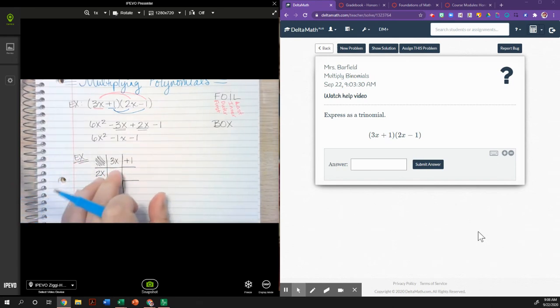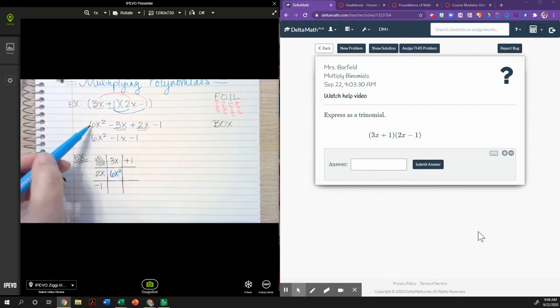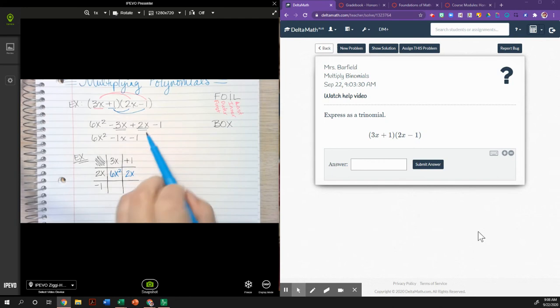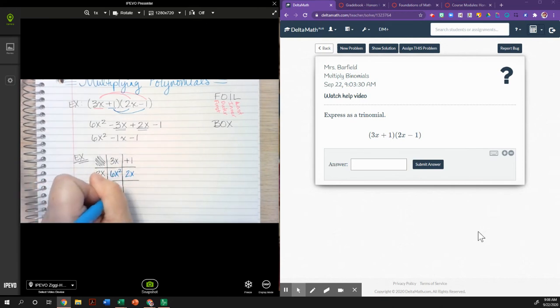Now I just use this as a multiplication table. To get the answer here, I multiply 3x times 2x. That's the same answer here. 2x times 1, there it is, 2x right here. Then I take negative 1. To get the answer for this box, I take negative 1 times 3x, so I get negative 3x. Negative 3x is right here.